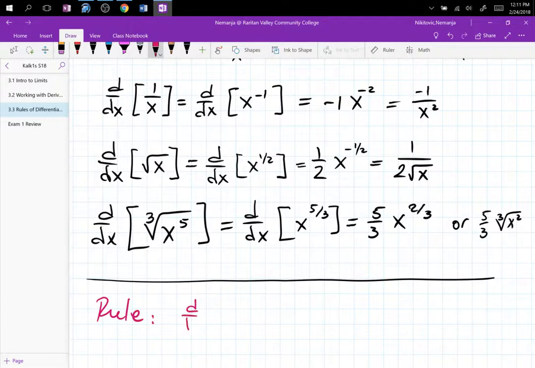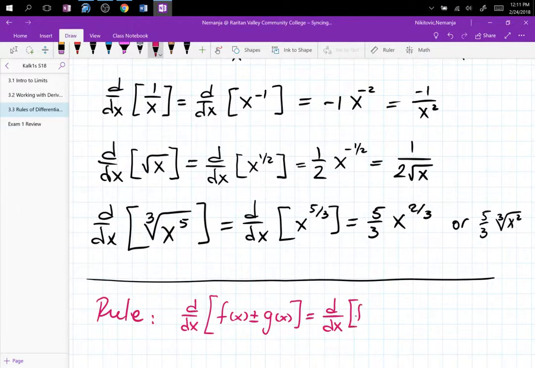So the derivative of f of x plus or minus g of x, so if you either add them or subtract them, is the same as if you took each derivative individually.